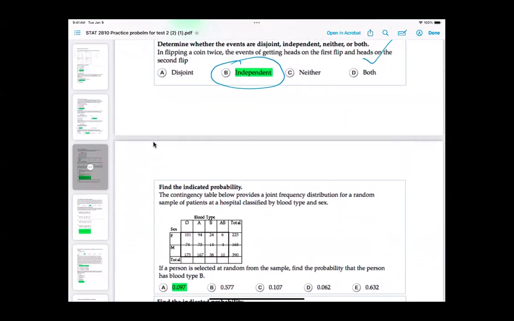So I want you to work this one out. We are given a contingency table that provides a joint frequency for the distribution of a sample of patients at the hospital classified by blood type and sex. I think the table wasn't well structured, but the 74 should represent the M row, and the 175 should represent the total.